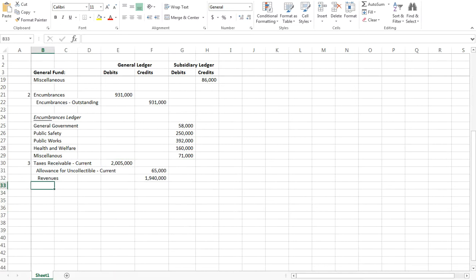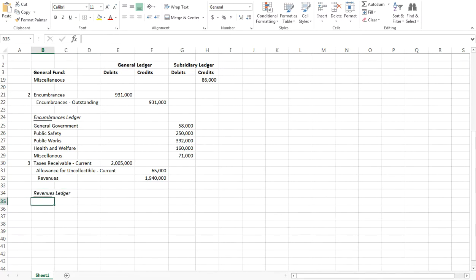Then you should recognize that we have to go to our revenue ledger, and we have our property taxes that we need to show.